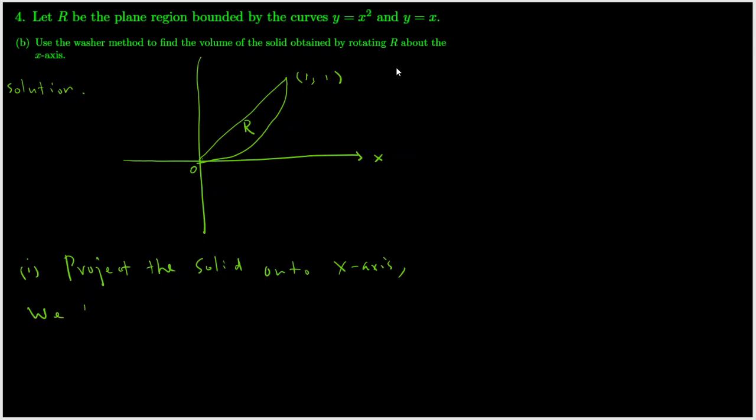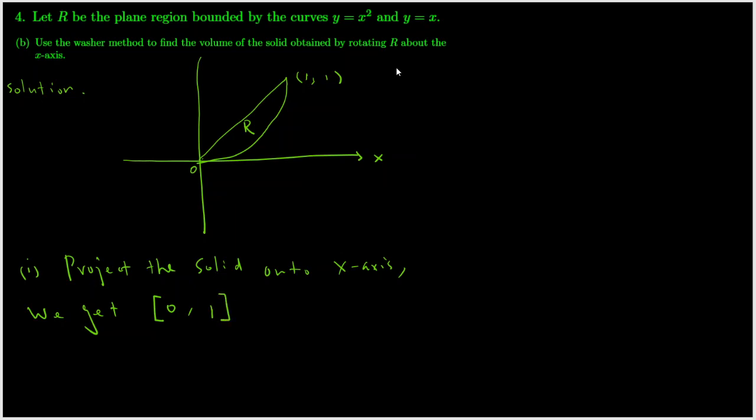Anybody want to tell me the interval, please? I mean the largest possible value of x, the smallest possible value of x. That will give you the range. 0, 1 is right. The interval from 0 to 1.